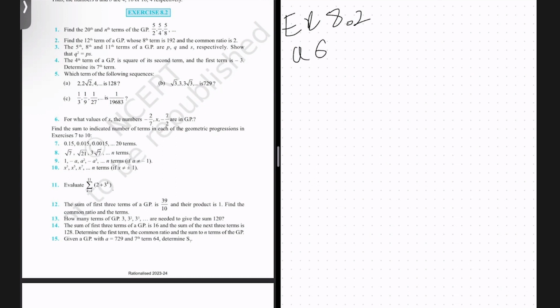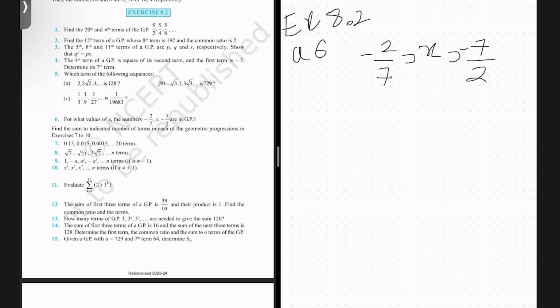For what values of x are the numbers minus 2 by 7, x, and minus 7 by 2 in a GP, right? So we have been told that minus 2 by 7, x, and minus 7 by 2 are going to be in a GP.